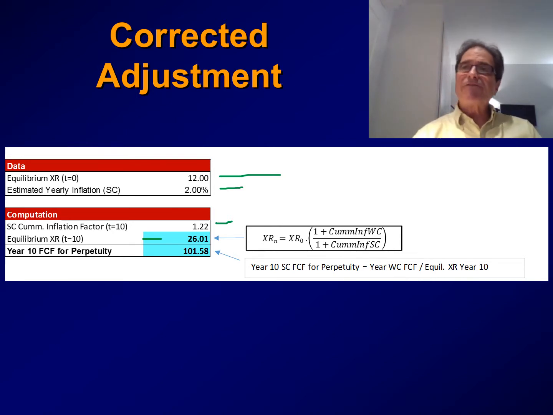If we divide the final weak currency nominal cash flow of year 10 by this equilibrium exchange rate in year 10, we obtain a year 10 free cash flow in a strong currency of 101.58, which is again different from the cash flow that we obtained of 100 exactly before.